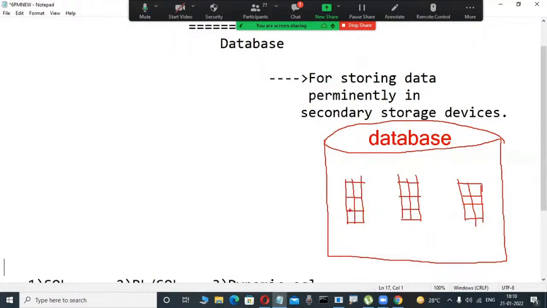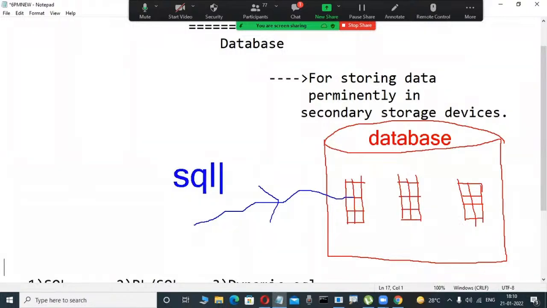That's why the structured collection of data is stored this way, and we operate this data using SQL, the Structured Query Language.